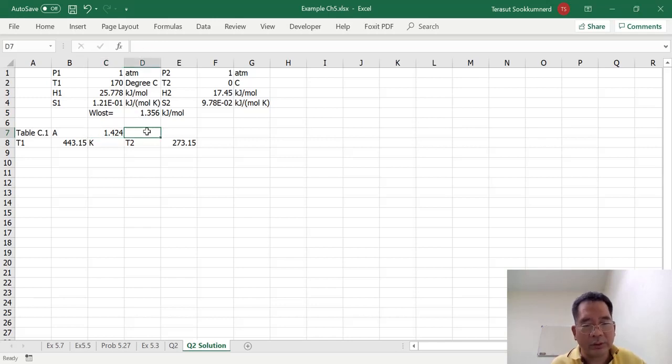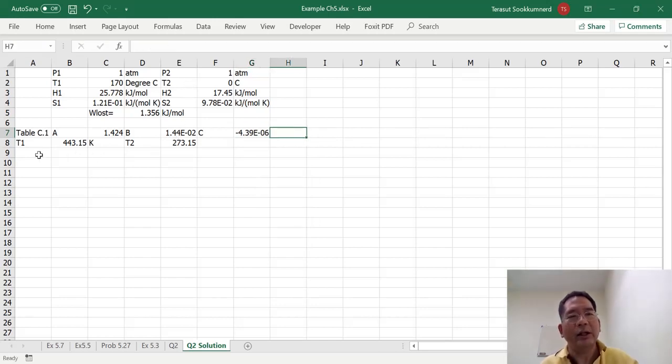B is equal to 14.394 e to the minus 3 and C is equal to minus 4.392 e to the minus 6. Okay, let me explain something to you now.